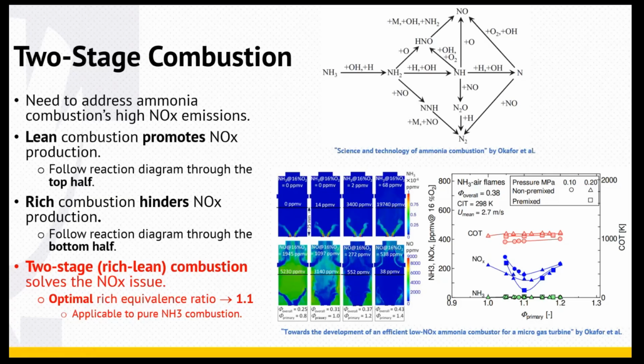It's been found through CFD and lab testing in the literature that you want your primary equivalence ratio to be about 1.1, which is slightly over stoichiometric. If you shift that equivalence ratio but leave the overall flow rates of your fuel and air the same, so the global equivalence ratio stays the same, you will see an increase in NOx emissions, at least with pure ammonia combustion. So starting off with this combustor design, I wanted to target this 1.1 primary zone equivalence ratio.